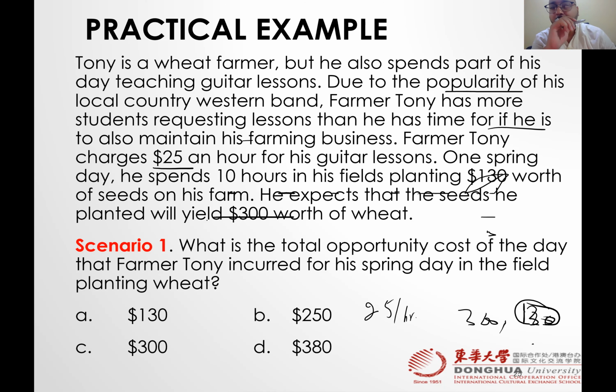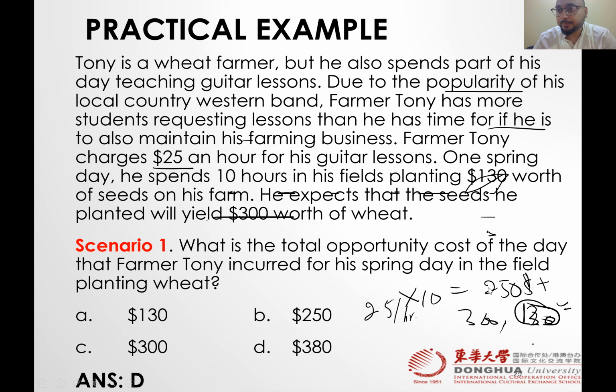What if he didn't go for planting the seeds, and rather spent those 10 hours giving guitar lessons? He would be earning $250. So he chose to spend 130 planting wheat. He lost the income. So his total opportunity cost is going to be 250 plus 130. D. Right, guys?